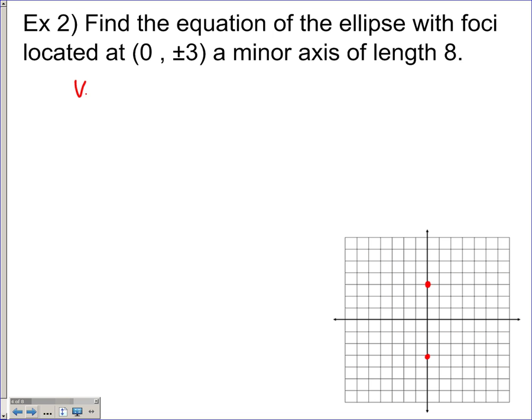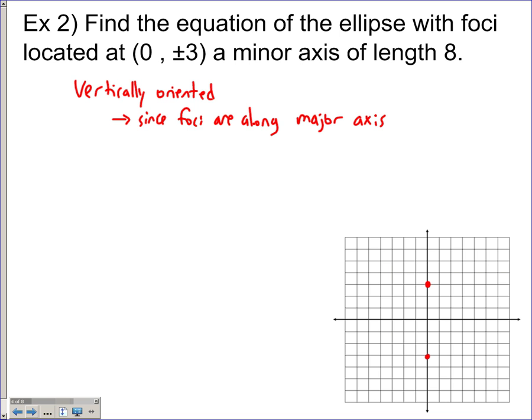So right away I can tell this is vertically oriented, since the foci are along the major axis, and the major axis must be vertical in this case.